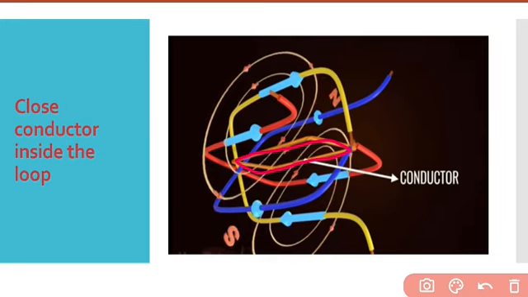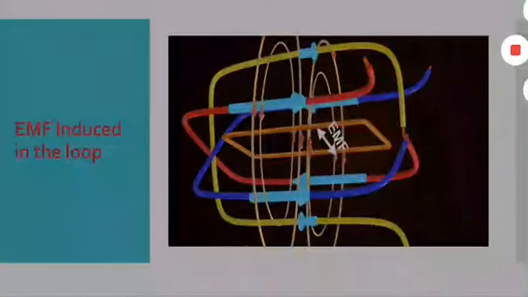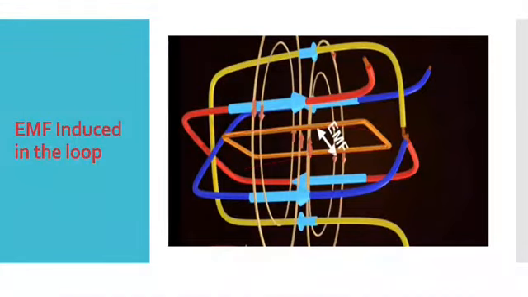What I want to say is that as soon as you put a closed conductor inside it, according to Faraday's law, because the magnetic field is varying, an EMF will be induced in the loop. Whenever the EMF is induced in that loop, the EMF will produce a current in the loop.